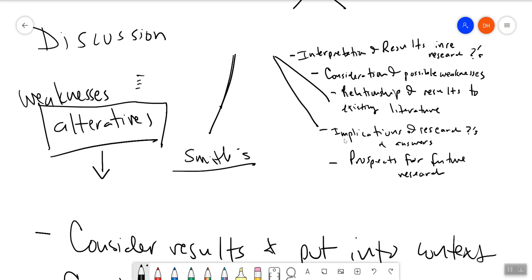You want to discuss the implications. Once again, you're kind of interpreting the implications of your research questions to the answers that you found. Okay, and that will lead you to prospects for future research. So sometimes these alternatives will give you, future research in this vein should include the things we didn't include, okay?